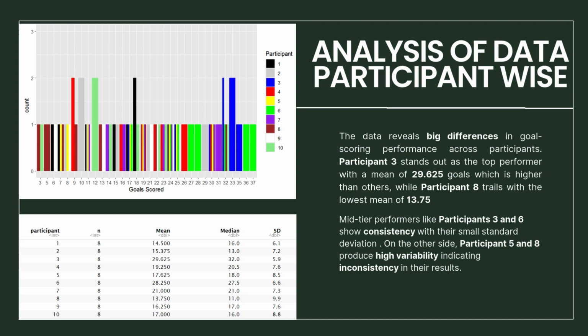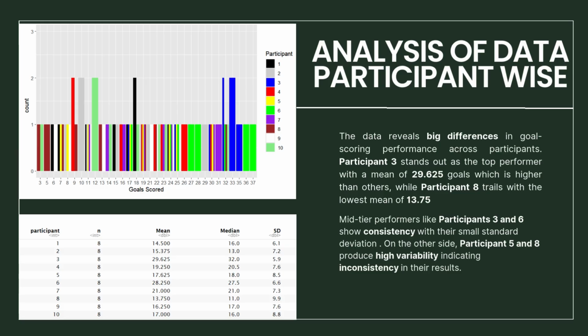In regards to the differences between participants, from the colored histogram, we can see that the results are not consistent in most cases. And the highest performer was participant 3, with a mean goal scored of 29.625, while participant 8 was the lowest performer with a mean goal scored of 13.75.